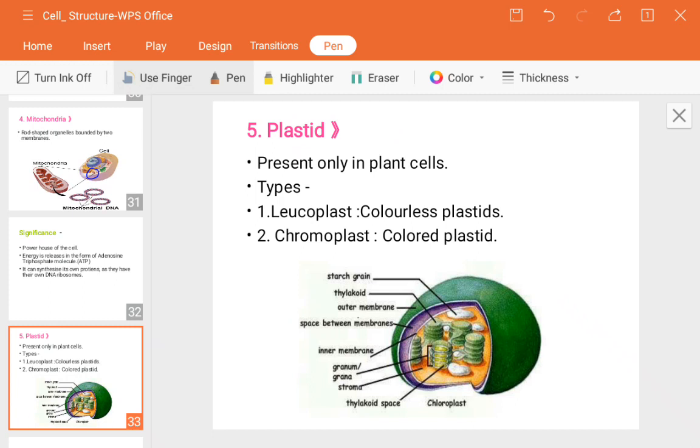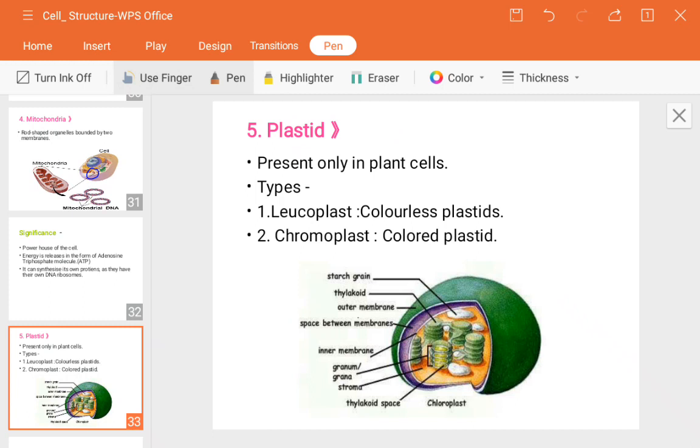That is nothing but one part of the plastid, or you can also call it a subtype of the plastid. Plastids appear in many colors, but mostly in green, because we know that all plants are green in color. But if we consider fruits and vegetables, they differ somewhat.